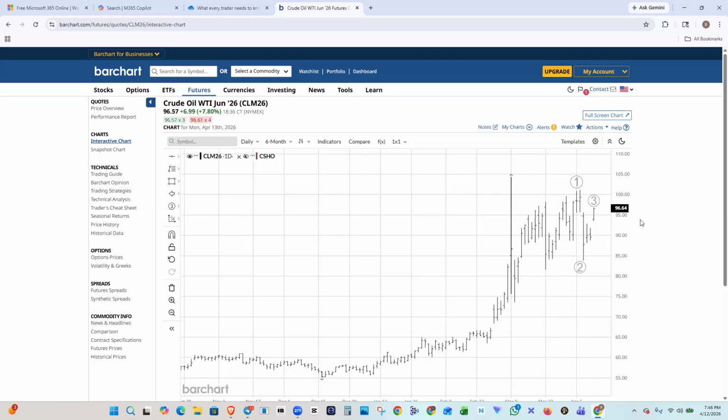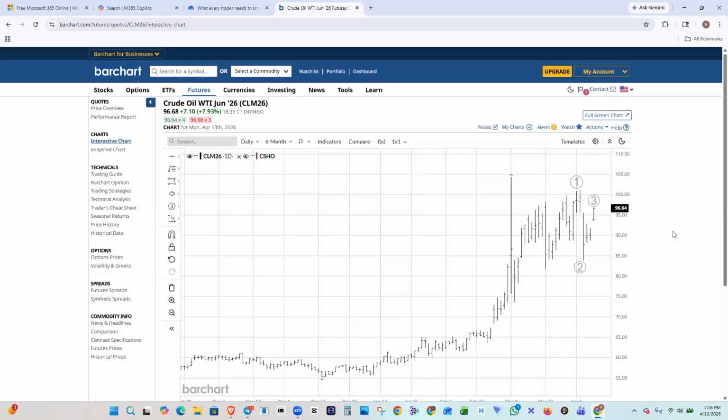So we would watch this chart to find out whether or not the number 3 is going to fail, which is resistance, correct? And head back towards support. Or does it break through that and make a new number 1?